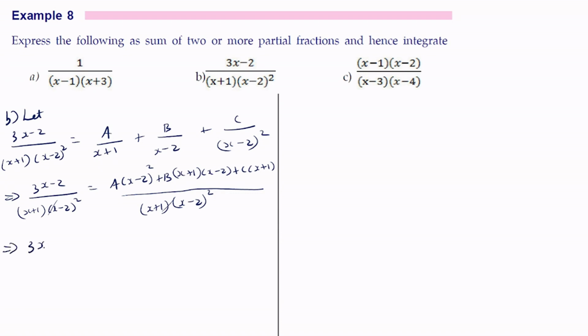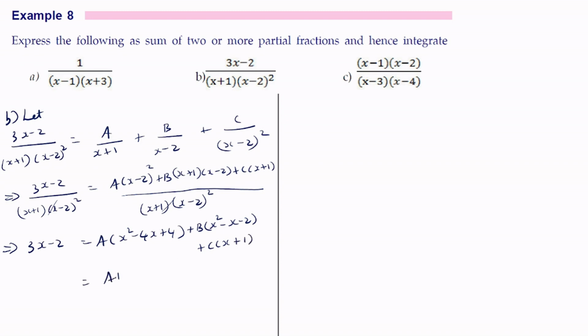The numerator becomes 3x - 2 = A(x² - 4x + 4) + B(x² - x - 2) + C(x + 1).